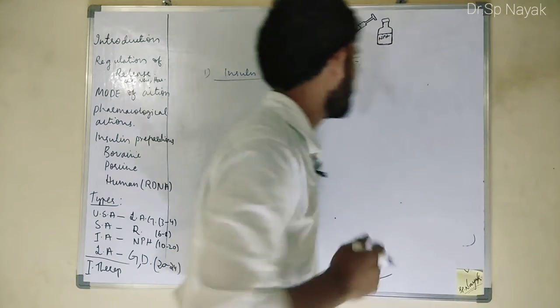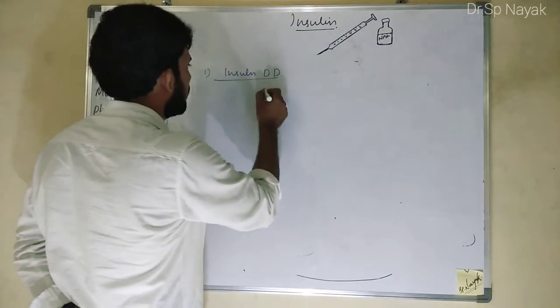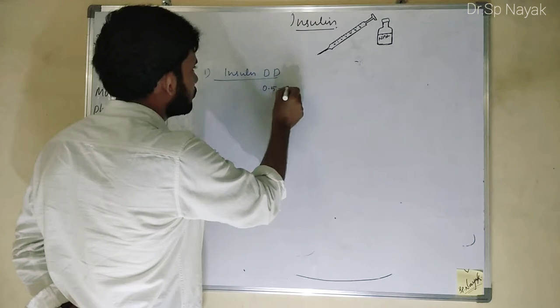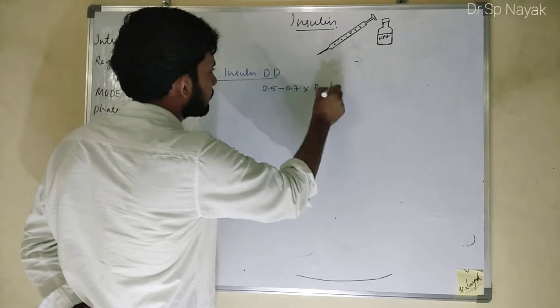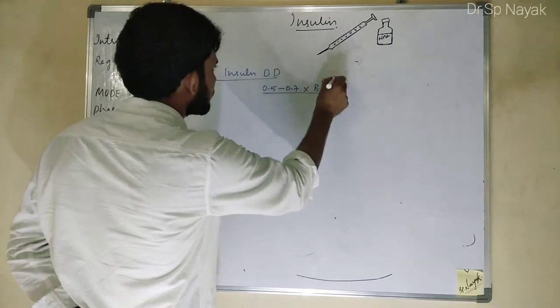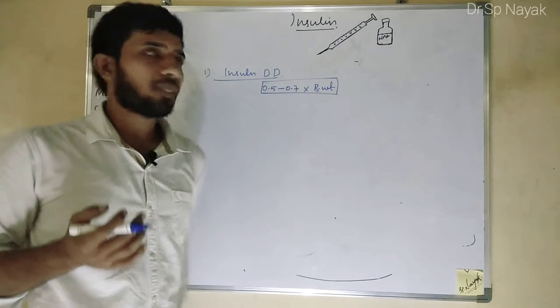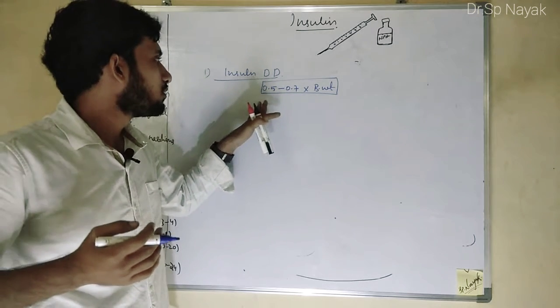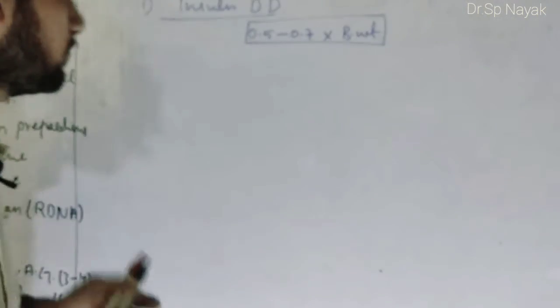It can be calculated using a simple formula, that is 0.5 to 0.7 into body weight. Generally, this formula is followed to get the insulin daily dose.